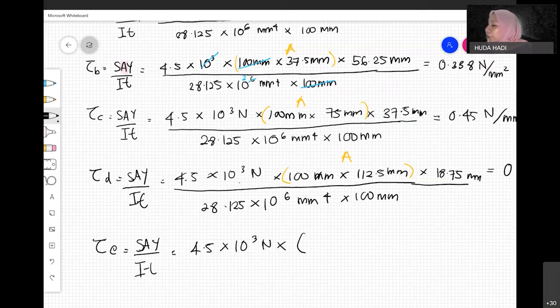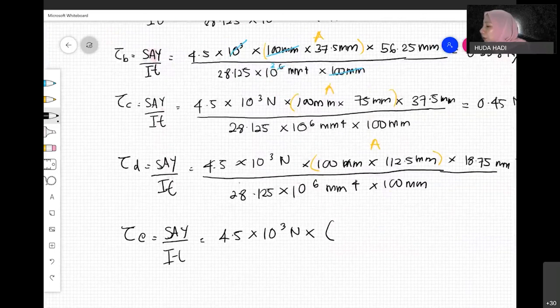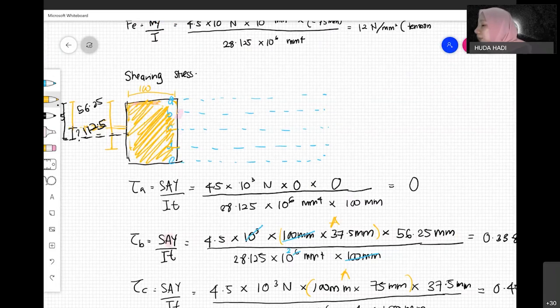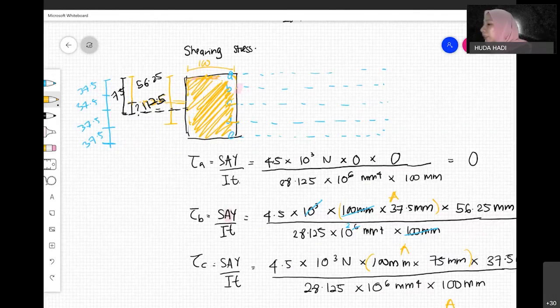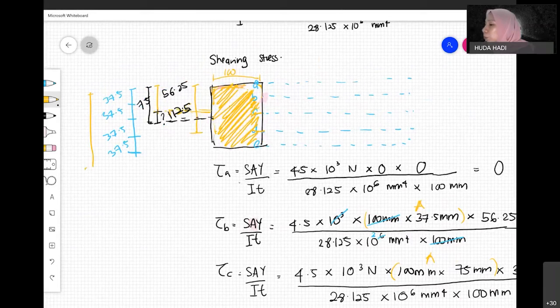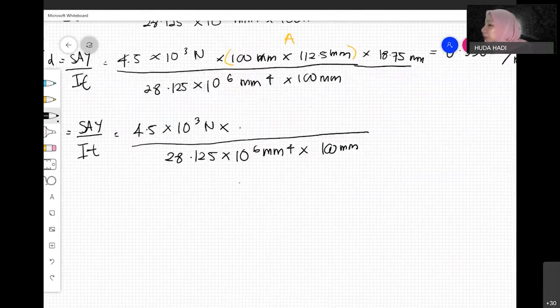So area above E, obviously dia adalah berapa? The whole area lah kan? The whole beam punya area tu, ikutlah size dia berapa. So 100 by 150 sebab you punya beam ni 150. So 100 by 150. Okay, and then for Y dia berapa?